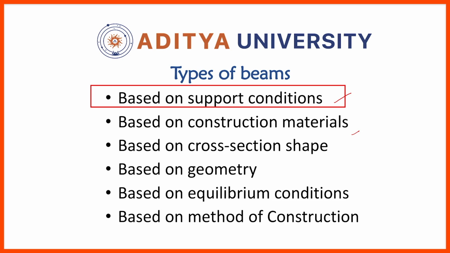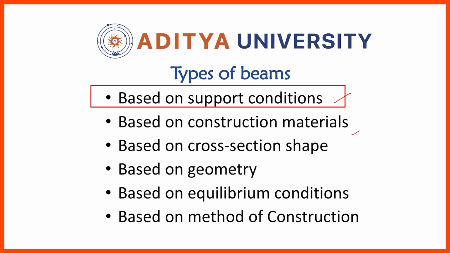So that is a material classification. For example, concrete beams are there, steel beams are there, beams made of timber, beams made of composite materials, beams made of functionally graded materials. So, what type of material we use depends on our requirements.